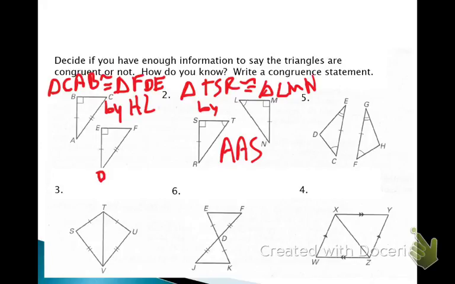All right, what about number 5? Are they congruent, and why? Lindy? Would it be angle... Yes. Angle, side, angle. Everybody see that? Okay, so give us a congruent statement, Lindy. Triangle ECD is congruent to triangle GFH by ASA.